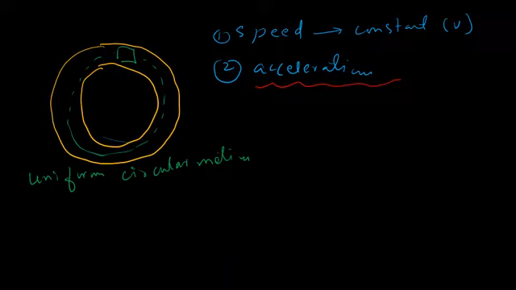As we know, acceleration is produced whenever the body changes its speed or changes its direction. Here, when the body is moving in uniform circular motion, the speed is constant. The second thing which is changing is its direction. As I told you, acceleration is produced either by a change in direction or by a change in speed.